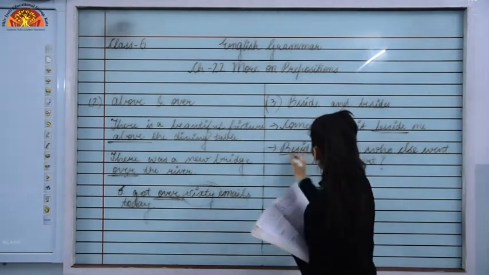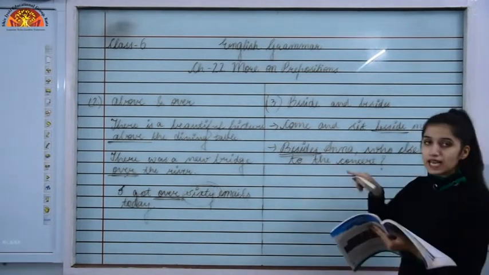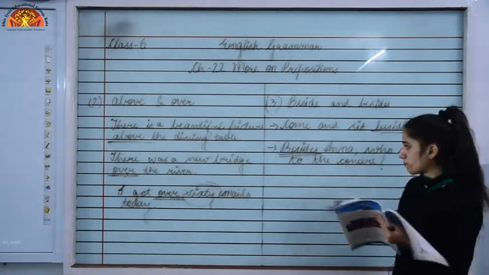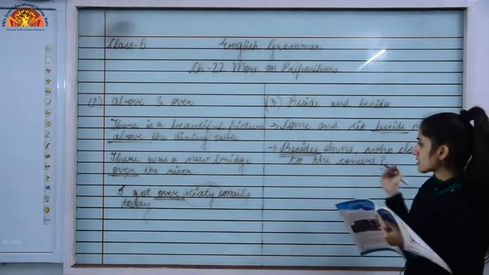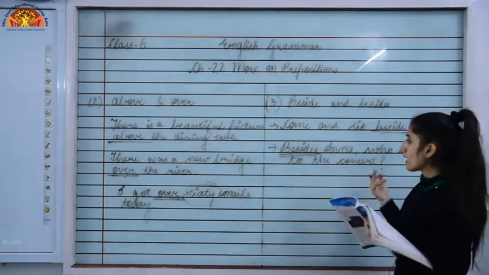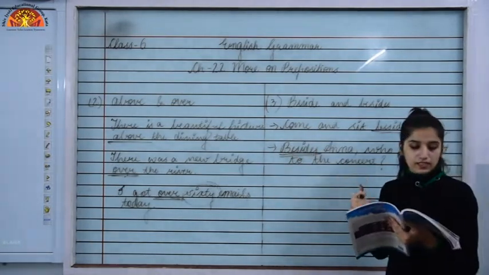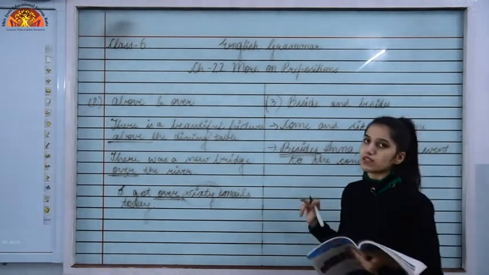So here we have used besides, not beside, because besides refers to what? In addition to or apart from. So apart from or besides Anna, who else went to the concert? Anna ke alawa aur kaun concert par gaya? So apart from Anna. So that is why when we are referring to something that we are saying as apart from, we will use besides over there.